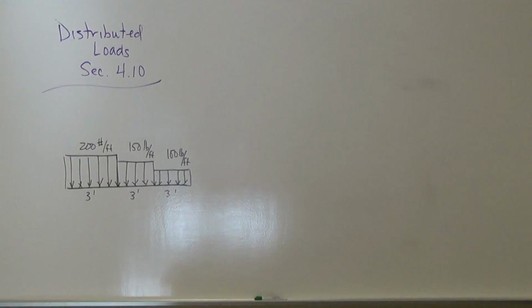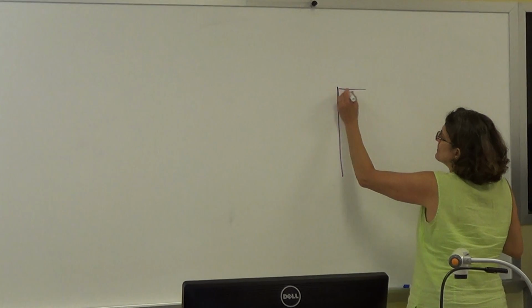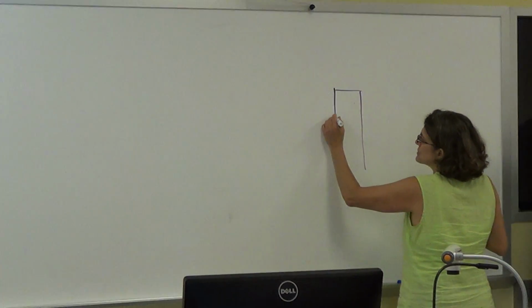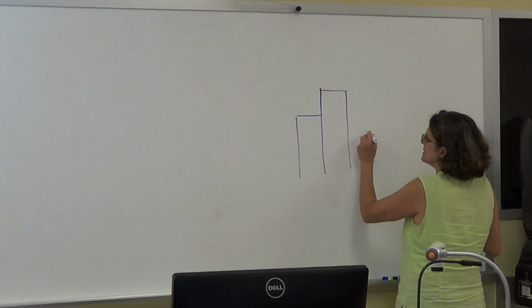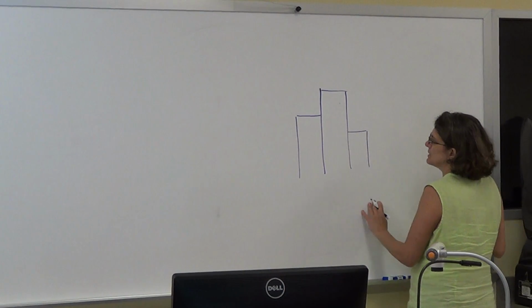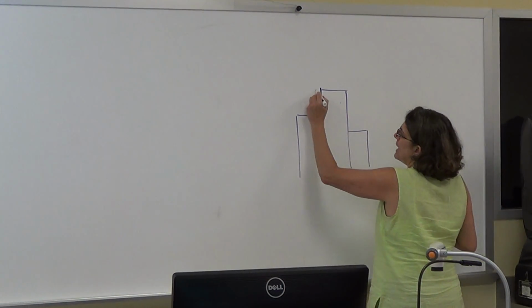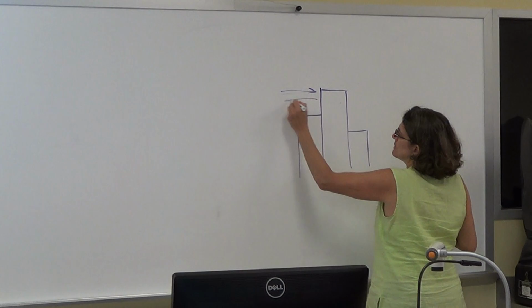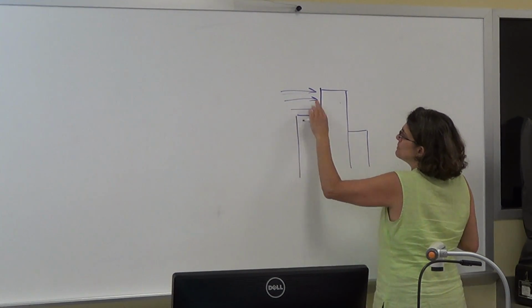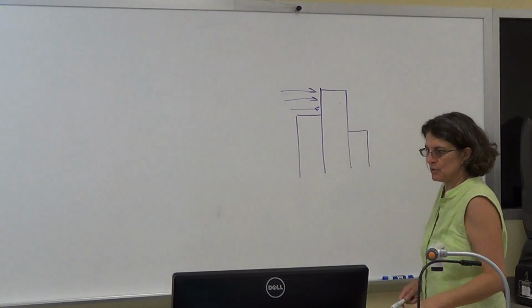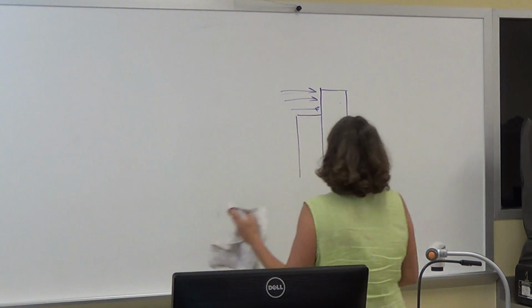For instance, if I have a skyscraper, and there's a skyscraper next to it like this, and then there's a skyscraper next to it like this, when I have wind coming in, this building, let me draw it the way you're used to it being drawn now, distributed loads.